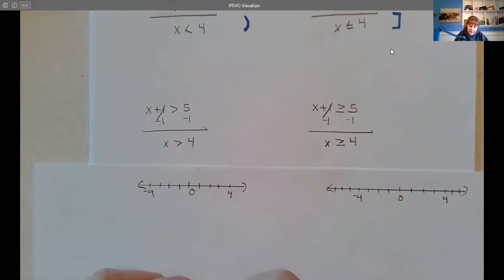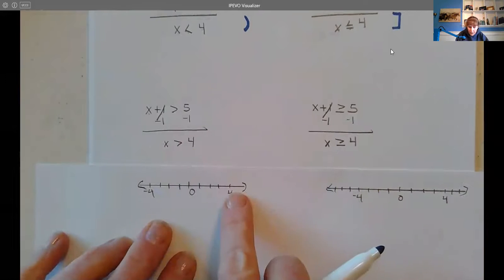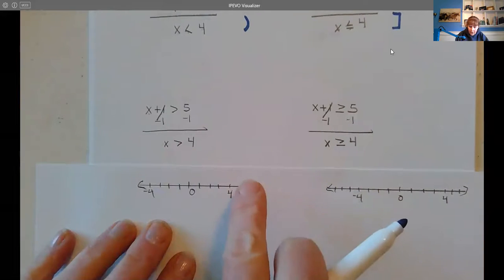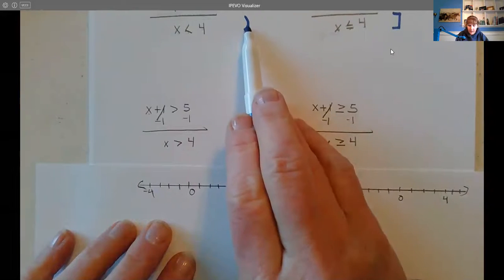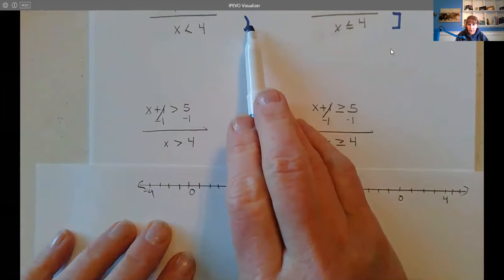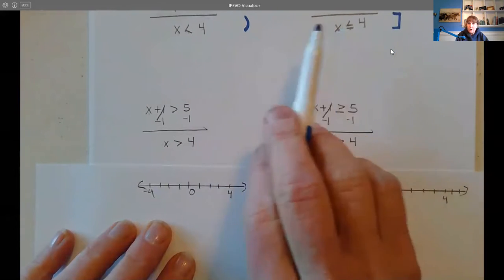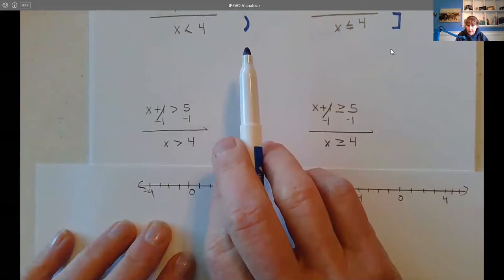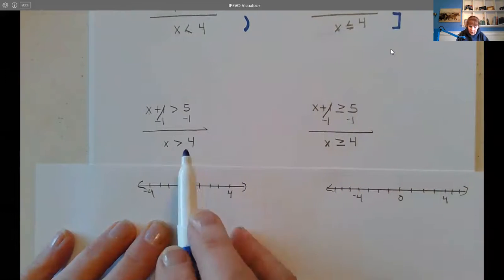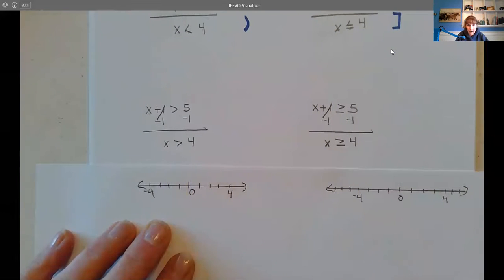All right, so let's go ahead and graph this first one. First off, we want x's that are larger than 4, but not including the 4. So we do go to the 4. You're going to have to determine whether you're going to have a parentheses or a bracket. Which direction will the parentheses face? Well, we know it's a parentheses because there's no bar.